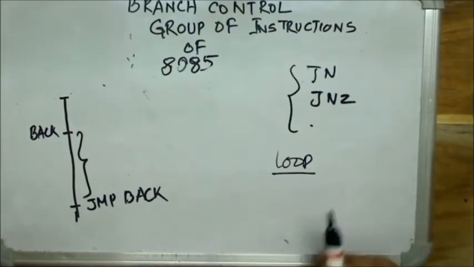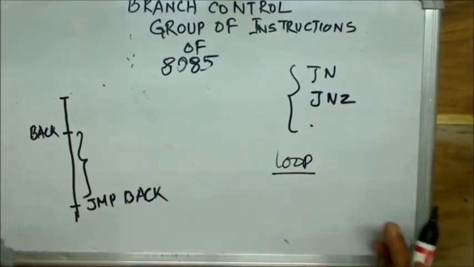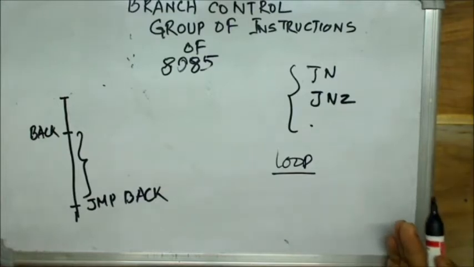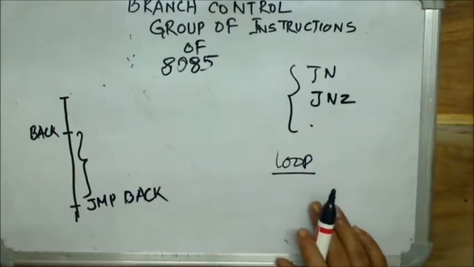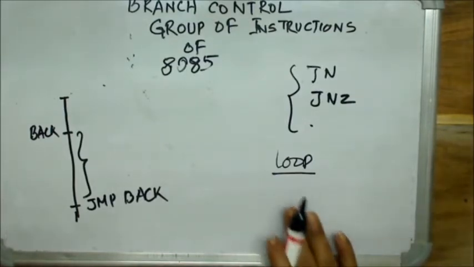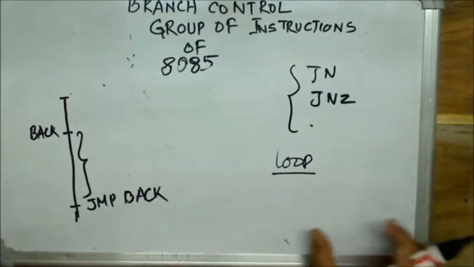Next, if you want to write a program to add a series of numbers, it is the same as the program to add one number to your grand total. Put it in a loop, and you go on adding a series of numbers. So basically, all these programs are actually small programs.